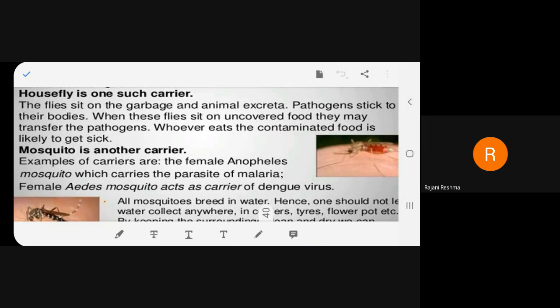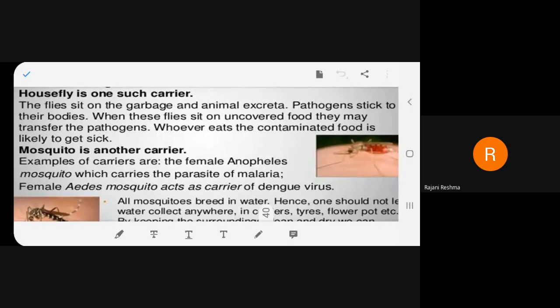Fine. So let's talk about the housefly as one such carrier. What it does, it sits on the garbage. What is garbage? Unwanted things. We put it in the dustbin. That's called garbage. And animal excreta. What is excreta? The fecal matter, or the potty, you can say. So it sits on the animal potty. The microorganisms present in the excreta stick to the bodies of the fly.